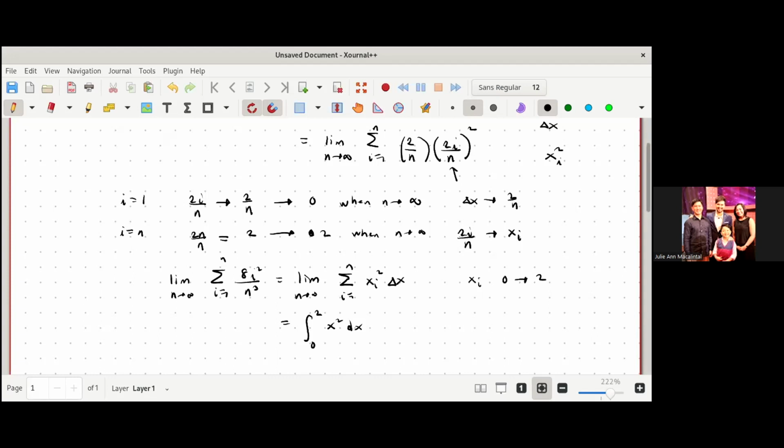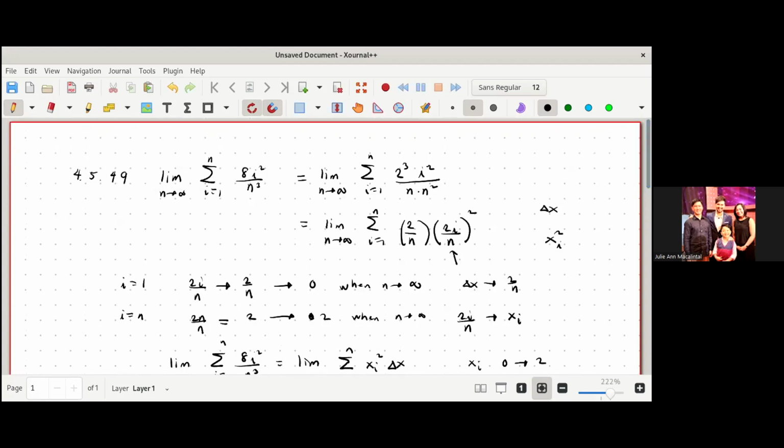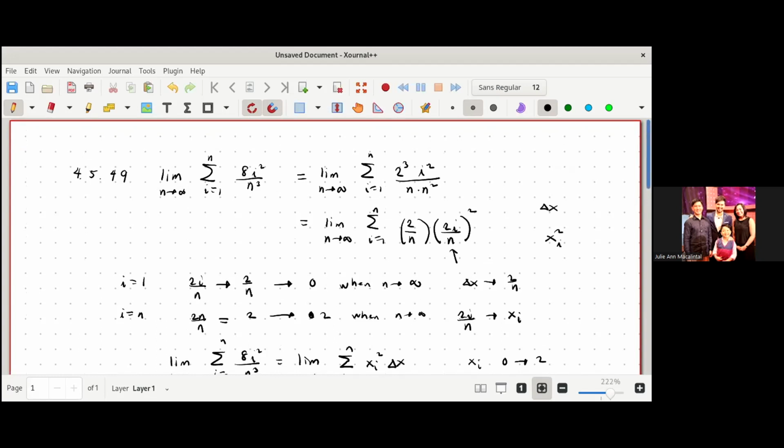Once na-establish na yung fundamental theorem of calculus. Kaya lang kasi sa problem na to, hindi pinapa-evaluate yung sum. Ngayon, let's check na tama yung natin. Pag ginawa mo tong sum na to, yung sum from i equals 1 to n of 8i squared over n cubed, ano yung nagiging result?